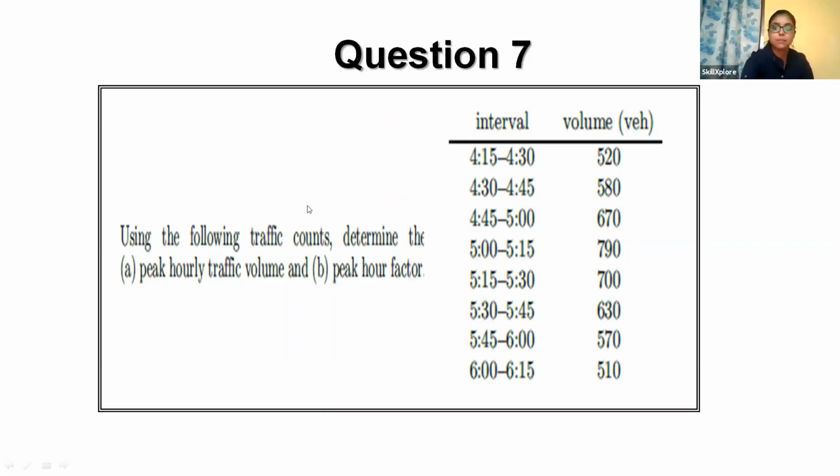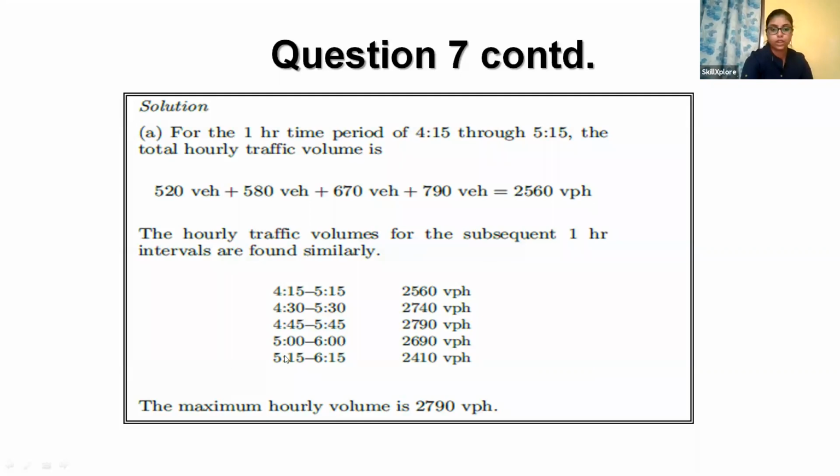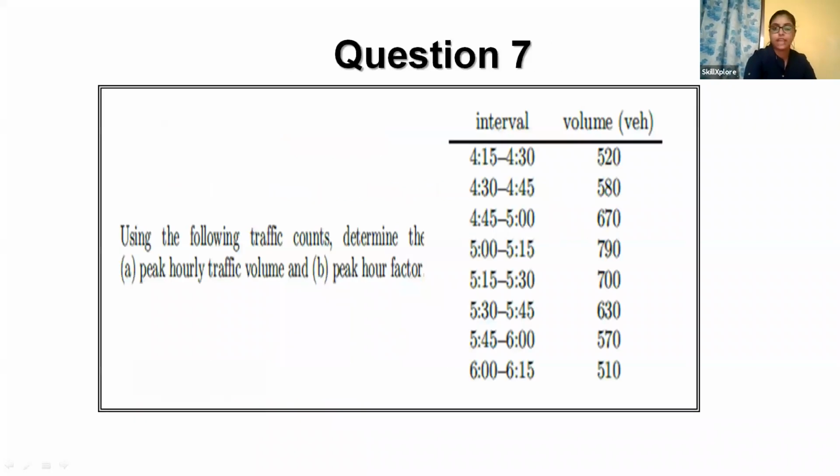And similarly 4:45 to 5:45, 5 to 6, 5:15 to 6:15. Here we can see the subsequent 1-hour intervals and their traffic volumes. From this, find out the maximum traffic volume. Here the maximum traffic volume is 2790. So that is the peak hourly volume.